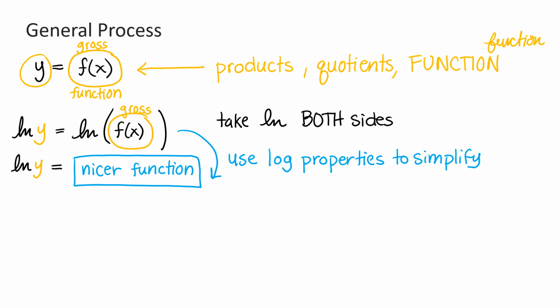And then we can take the derivative, and when we take the derivative implicitly, we end up with 1 over y dy dx is equal to the derivative of our nicer function.